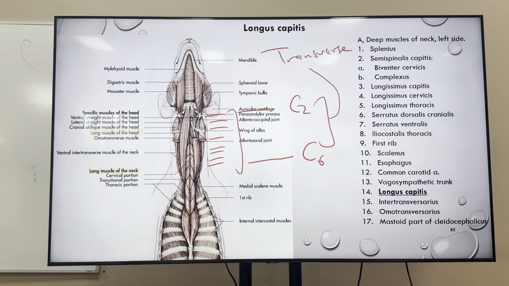The reason it is called longus capitis is because it inserts on the head. It inserts on the basioccipital, or the base of the occipital bone.